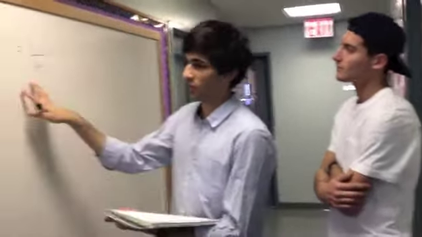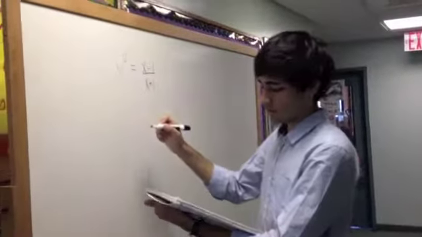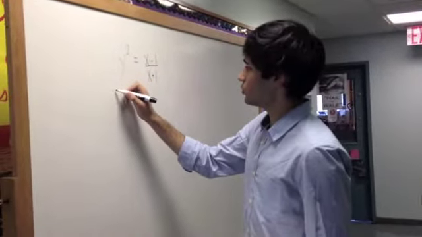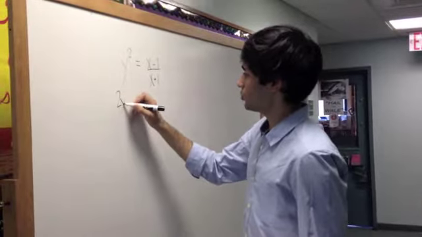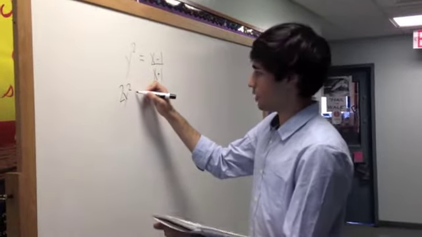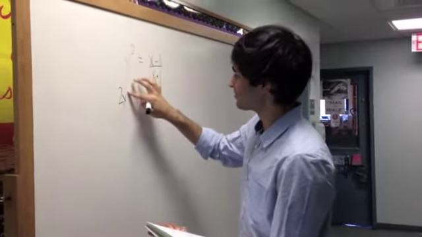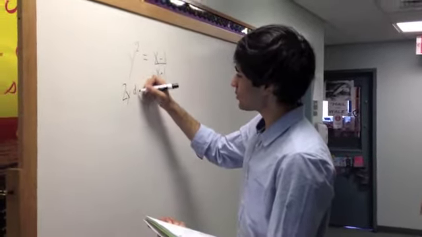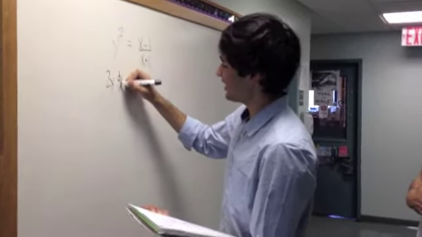So, but using the same steps as before, let's take the derivative of both sides. And first, the derivative of y squared, which was, in fact, on the last problem, is 2y dy over dx.